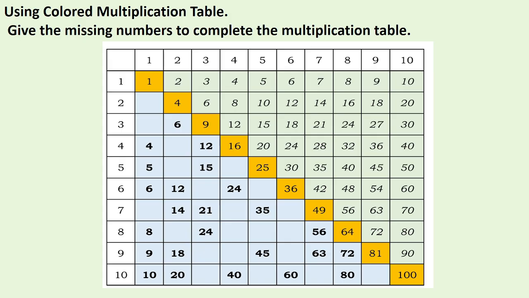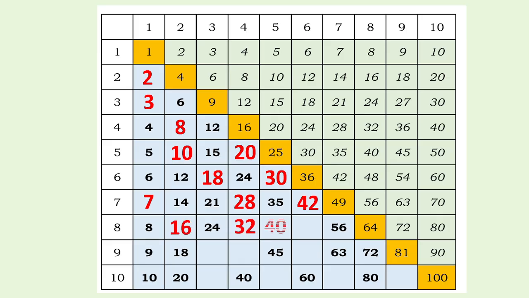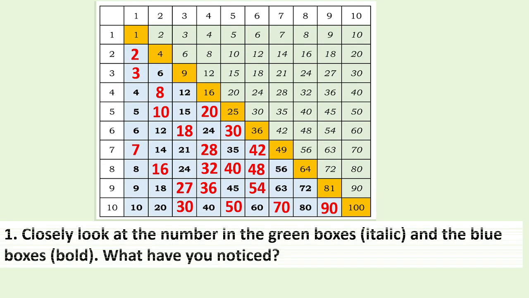Using the colored multiplication table, give the missing numbers to complete the multiplication table. Closely look at the numbers in the green boxes and the blue boxes.